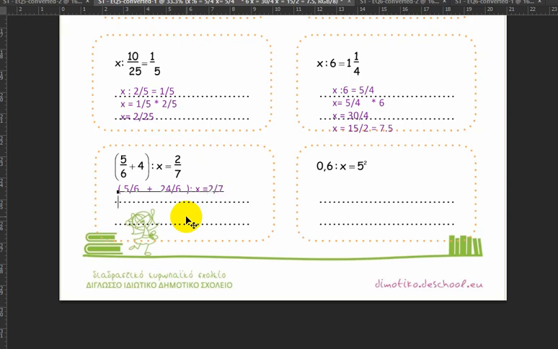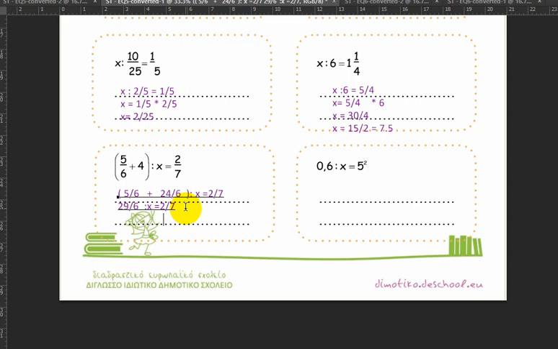5/6 plus 24/6 is 29/6. Divided by x, and this needs to be equal to 2/7. Let's move that a little bit. All right.